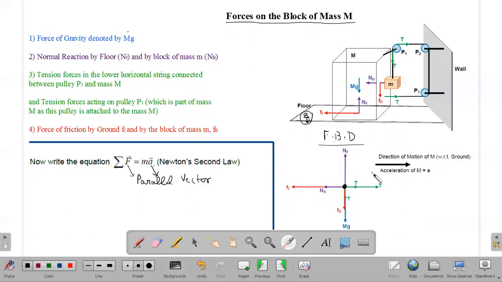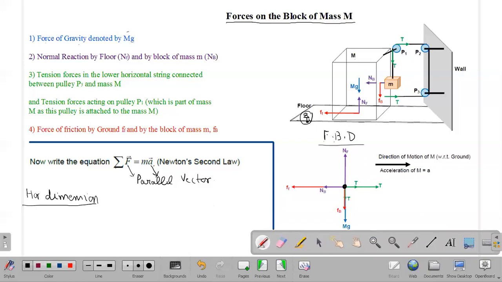Now I will write the equation based on this free body diagram and in accordance with Newton's second law. So for the horizontal dimension, what is happening? In this horizontal dimension, the body is accelerating with acceleration small a, and it has a mass of capital M. So I will write capital M times a equal to, and now I have to look for the forces which are parallel to the acceleration vector, that is, parallel to the horizontal direction.